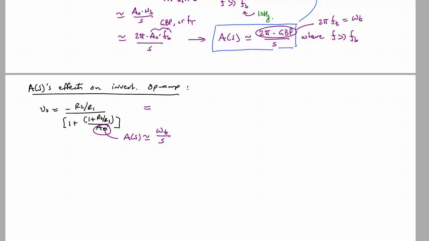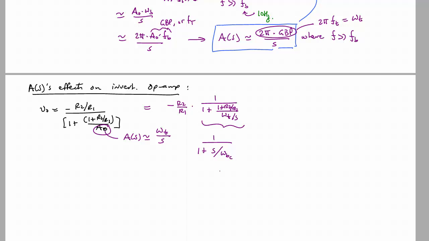So what does that give us? We have minus r2 over r1 times, and I'm going to write this separately, 1 over 1 plus, 1 plus r2 over r1 divided by omega t over s. This can be rewritten now as 1 over 1 plus s over, and I will call this omega breakpoint closed.